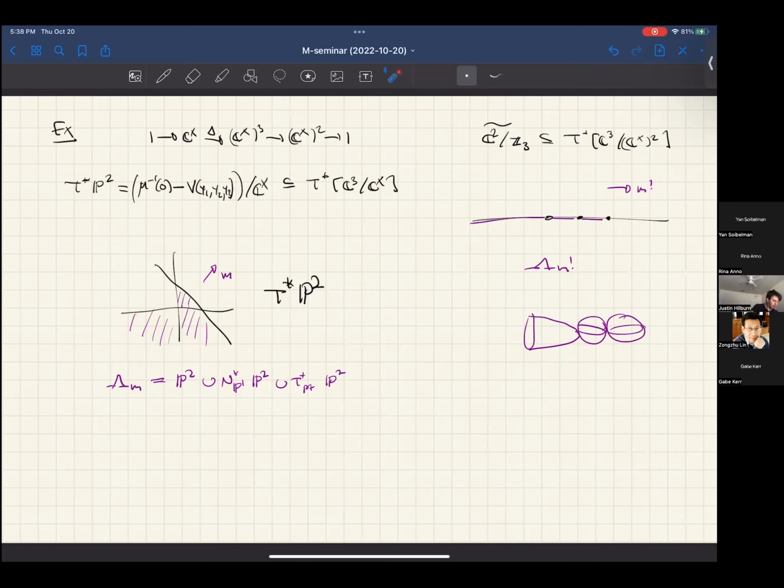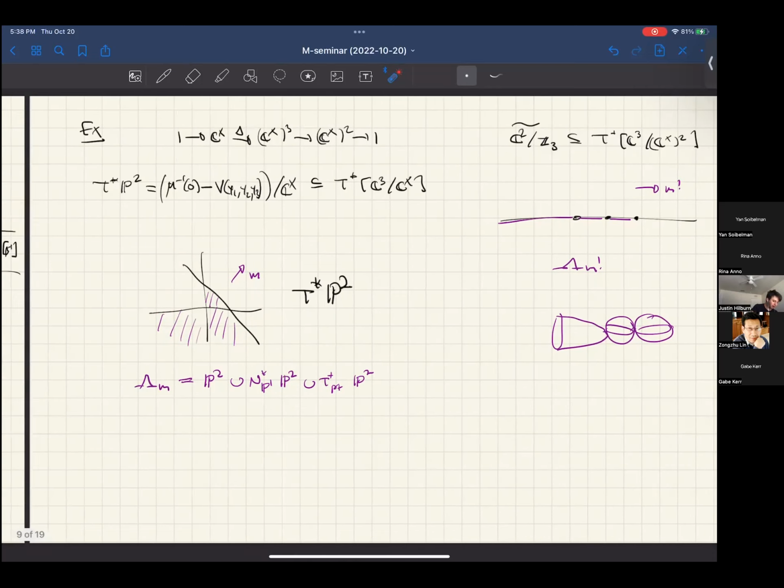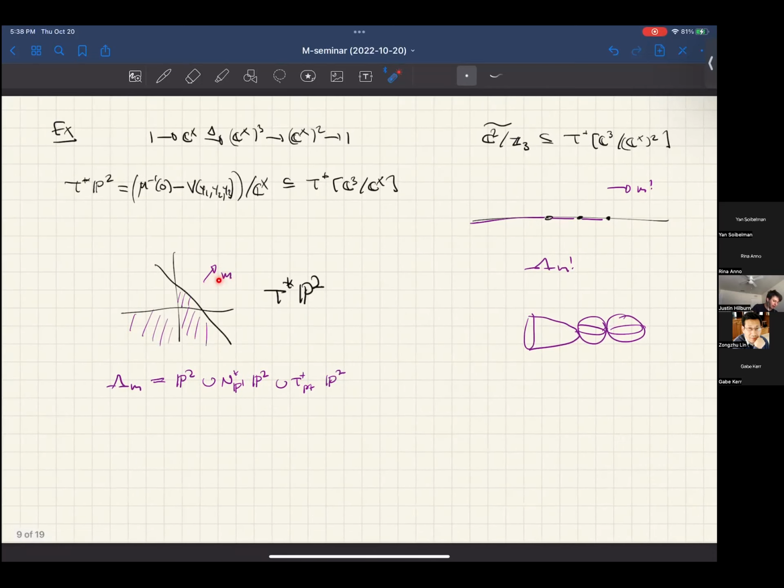And even more so, you can choose your mass parameter, and that picks out some direction in this plane. If you want to know which components are in my Lagrangian skeleton, all you do is look at all the chambers that are bounded. You think of dot product with this vector as being a function, and you take all of the components that are bounded above for that function.